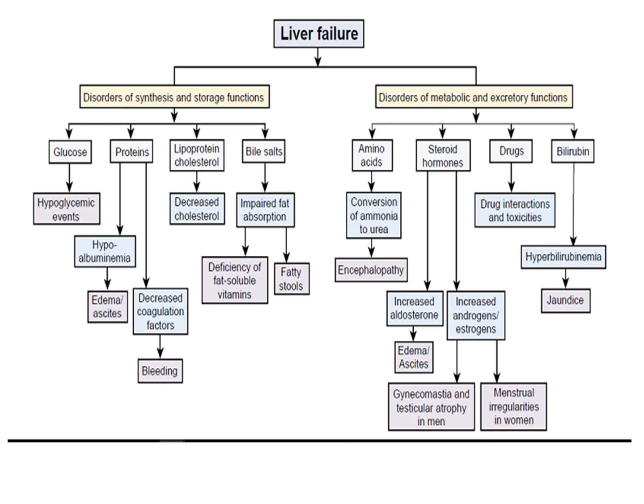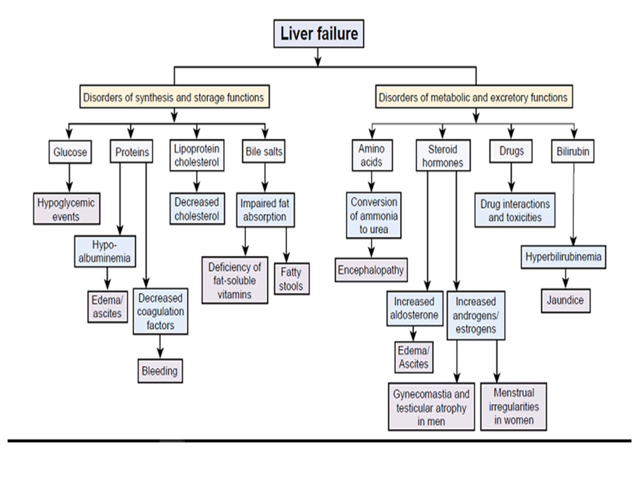Steroid hormones: there will be increased aldosterone and increased androgen and estrogen. Aldosterone, when increased, leads to edema and ascites. It accumulates fluid inside the body. While increased androgen in females leads to menstrual irregularities, and estrogen in males leads to gynecomastia and testicular atrophy.